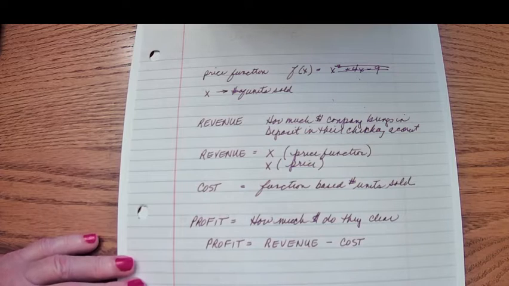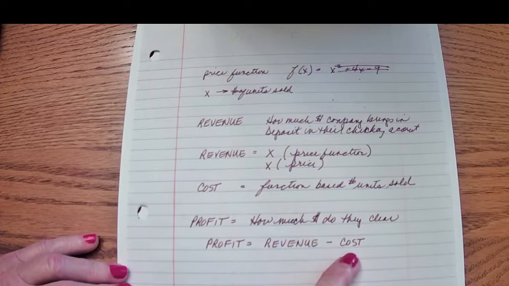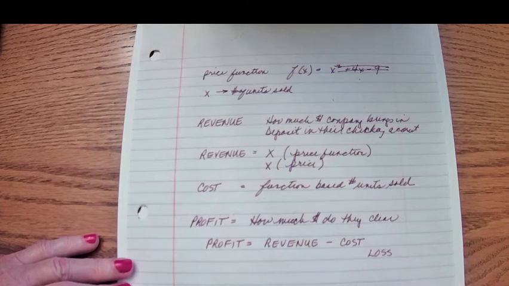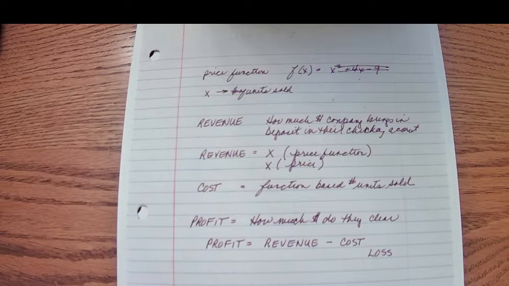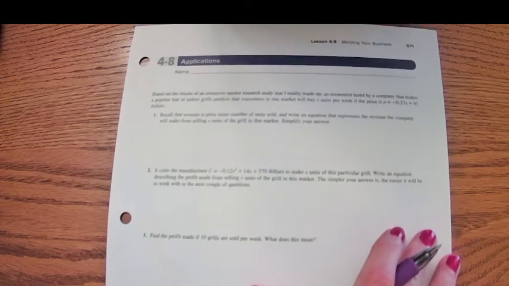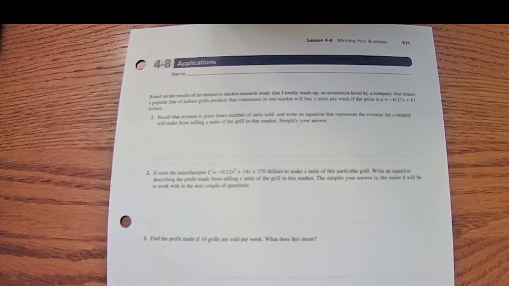That's called your break-even point. You haven't made any money, but you haven't lost any money. And if your revenue is less than your cost, your profit is going to be negative. A negative profit is called a loss. So that's what we're going to be dealing with in this application in section 4.8 and some others as well.